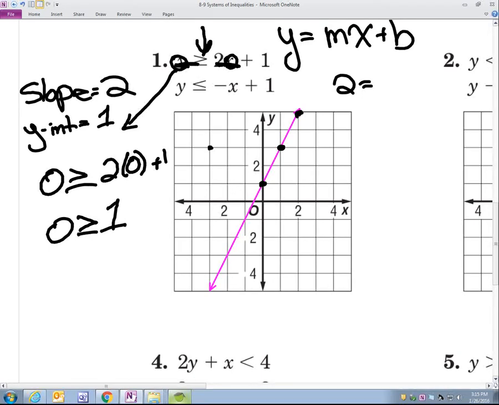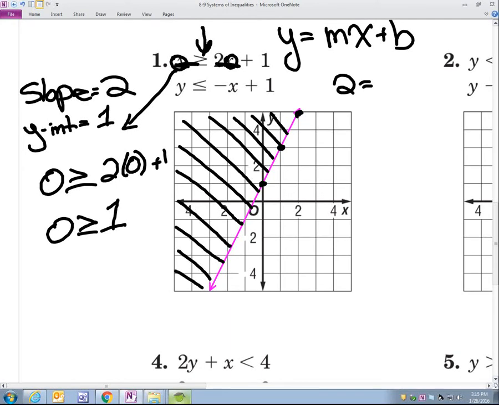That does not hold true. 0 is not greater than or equal to 1. So it's not this side that is going to be colored in. It is going to be this side. I'm going to do it at about a 45-degree angle. Today in class I was only able to do the parallel and perpendicular ones, but I just want the shading lines to be parallel with themselves. If I had a ruler with me right now, I would use that.